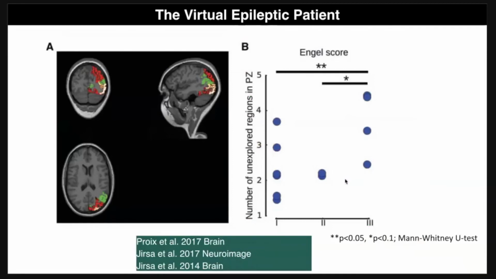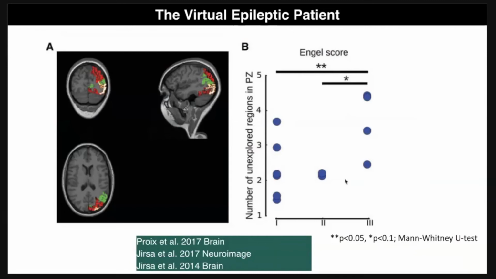So here on the left side, you see such an estimation of the epileptogenic zone and the propagation zone in red, based on the clinical expert team. And in green, such a prediction has been made by the virtual brain. And the yellow area is the overlap between the predictions of the human expert team and the computer model.